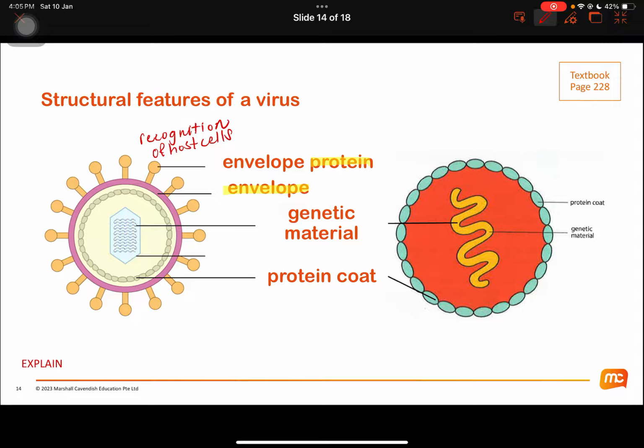So when it's complementary to the surface of the host cell, it is able to bind, enter, and attack.